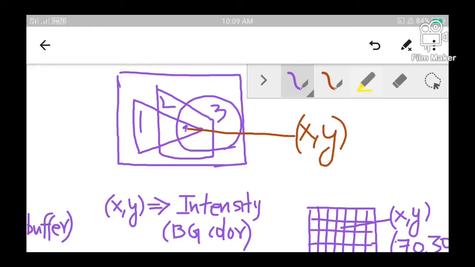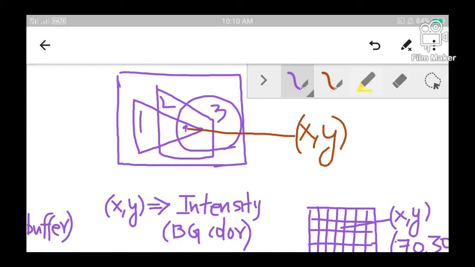If surface 1 is nearer to the viewer, then the point XY to be plotted belongs to surface 1. But if surface 2 is comparatively nearer, then XY of surface 2 will have to be plotted. So to determine which pixel position belongs to which surface, we need to identify the depth of these surfaces.